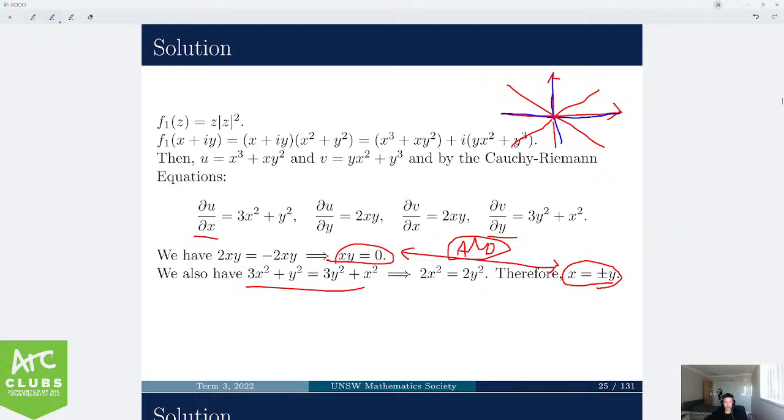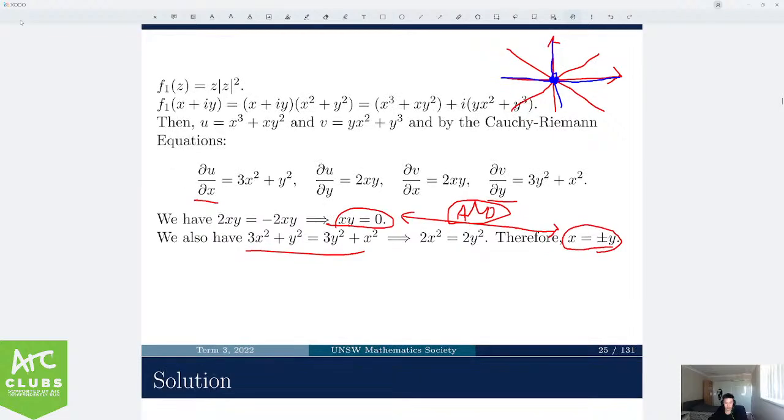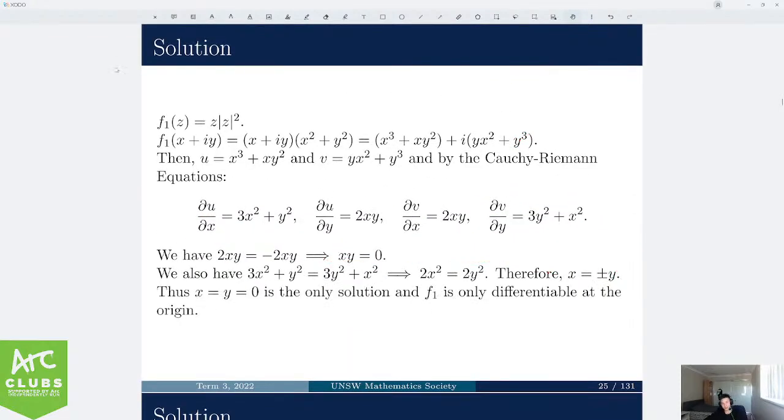The only point of intersection is the origin. And hence, x equals y equals 0 is the only solution, and f1 is only differentiable at the origin.